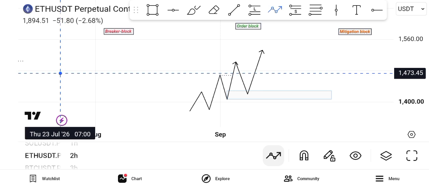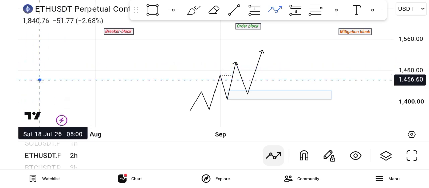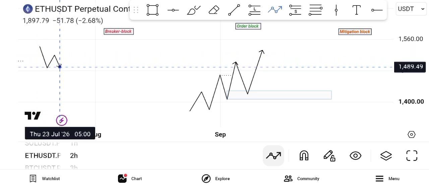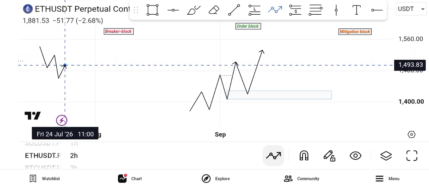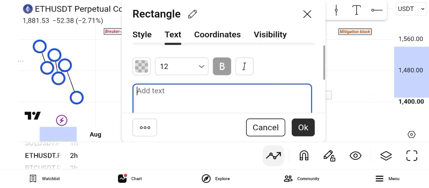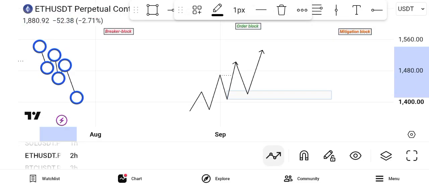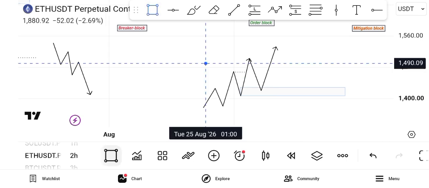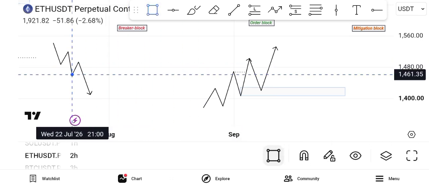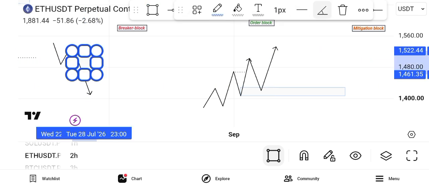For a breaker block, we want to already have a moving trend. So let's say we have a downtrend like this, a market that is currently selling to the downside. Now this zone is considered to be a breaker block.